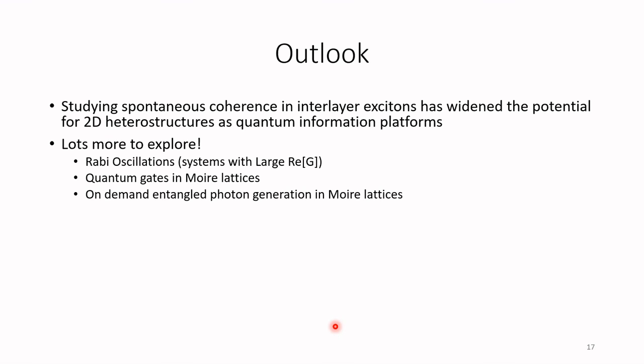Do I think it's going to replace superconducting qubits or spin qubits or Gaussian boson modes for photonic qubits? It's unclear. There's no obvious answer here, and I think a lot more has to be explored, and it's definitely worth exploring.